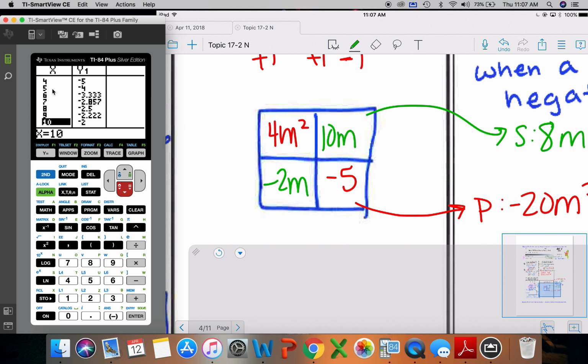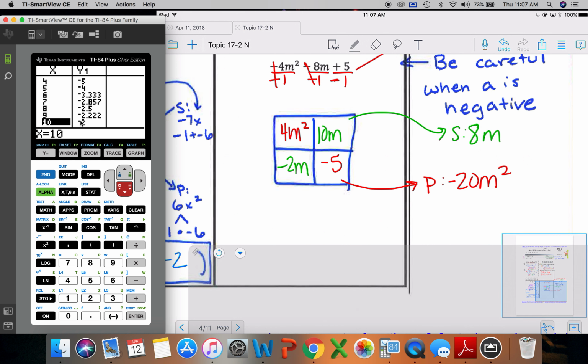So in my box, I fill in the two numbers exactly like I see them, 10 and -2, and I make sure to put that m on it because if I don't, 10 minus 2 is only 8, not 8m. From here, I factor out my GCFs.